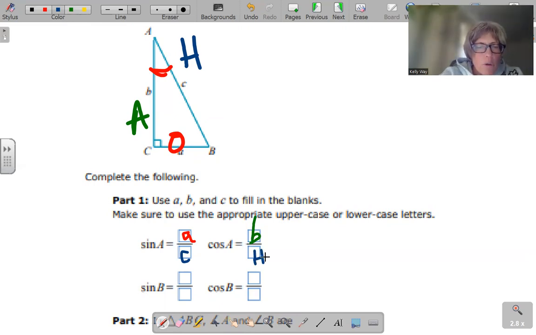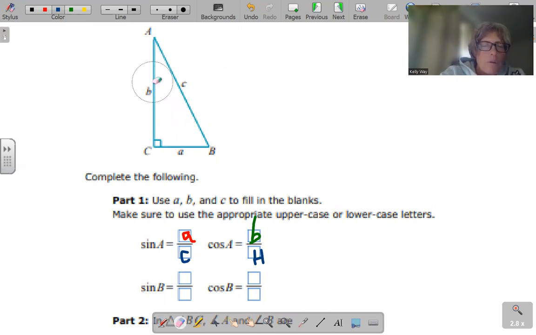Now look what changes. What changes is we're changing the angle. Now we're going to do the sine of angle B. So if B is our angle, that means that's now our opposite. That's now our adjacent. That's our hypotenuse.